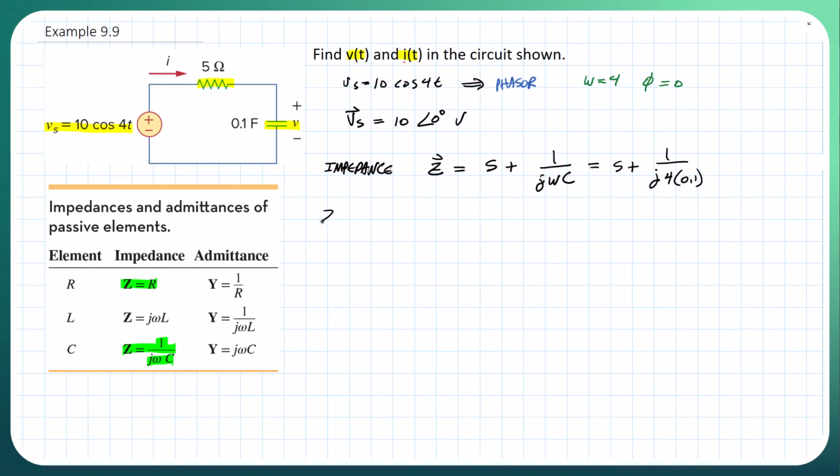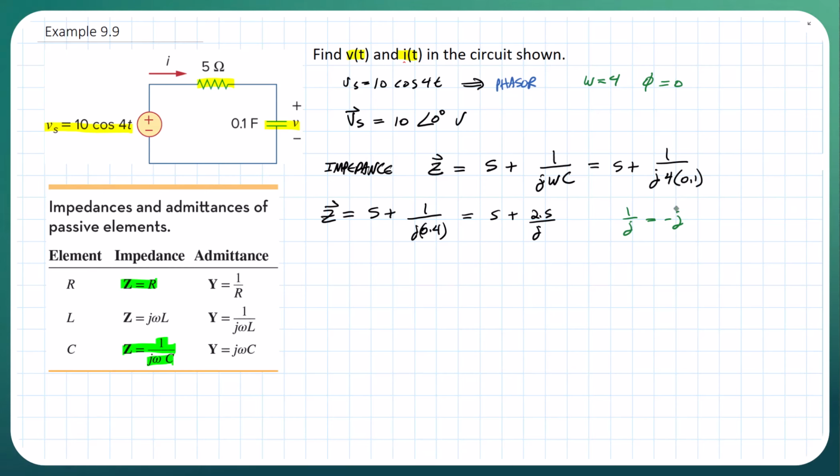I'm just going to rewrite it here. Z is going to be 5 plus 1 over j 0.4. 1 divided by 0.4 is going to be 2.5, so it's 5 plus 2.5 over j, and as we've mentioned before, 1 over j is just minus j.